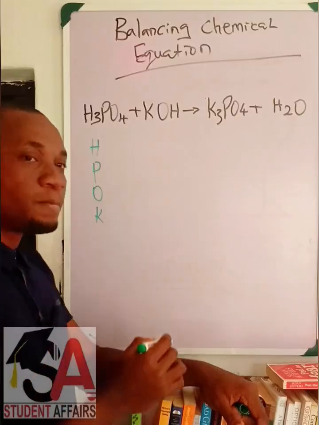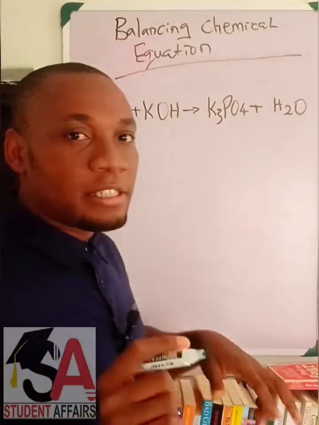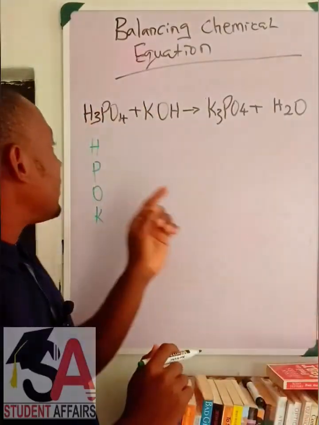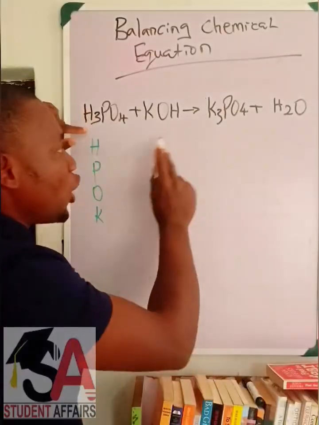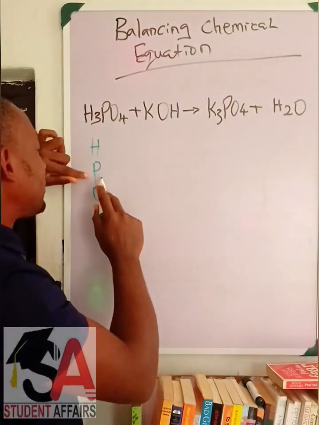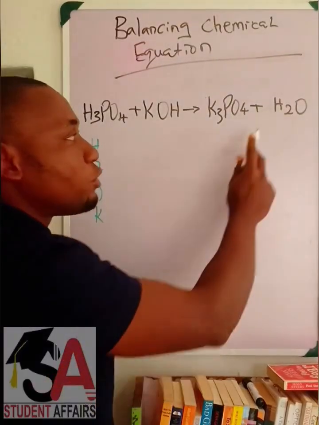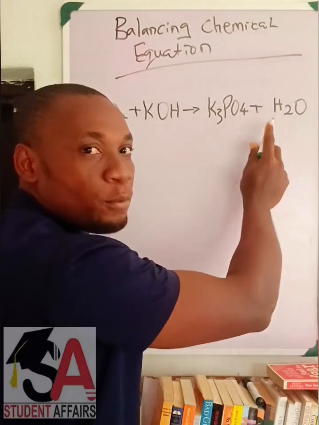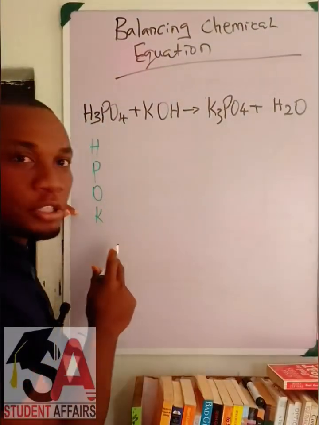By way of balancing this chemical equation, hydrogen on the reactant side must be equal to hydrogen on the product side, so as phosphorus. The same goes to oxygen and potassium.